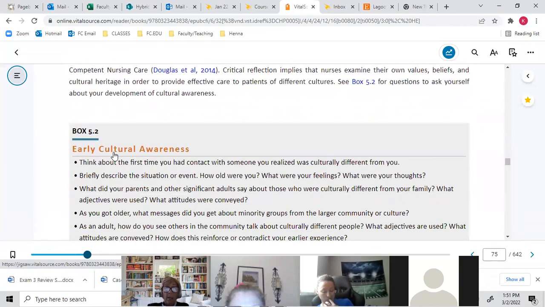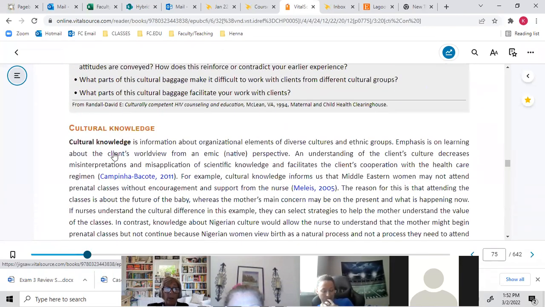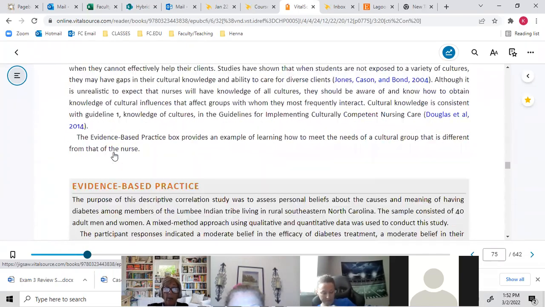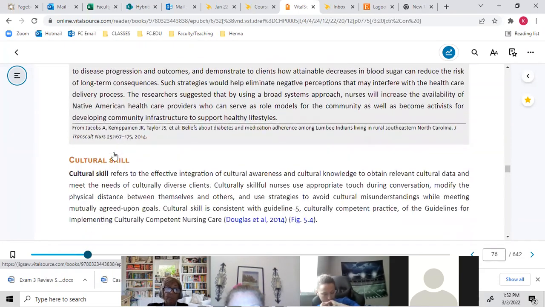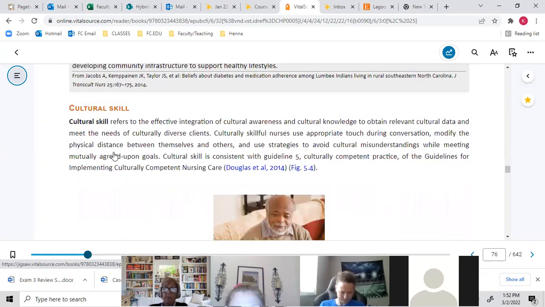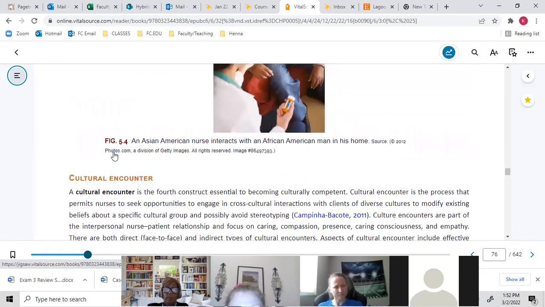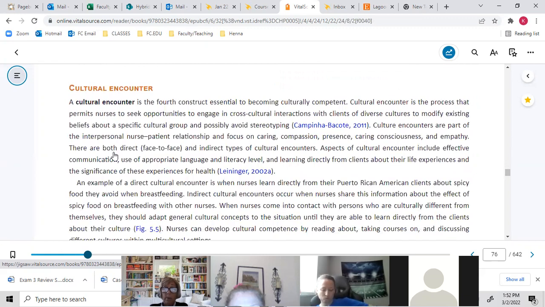How do we obtain cultural awareness? How do we obtain cultural knowledge? How do we obtain cultural skill? Cultural encounter. But that basically means maybe you go out and you participate in a food fair or something in that particular family's culture, so you can have an encounter, maybe understand their culture a little bit better.